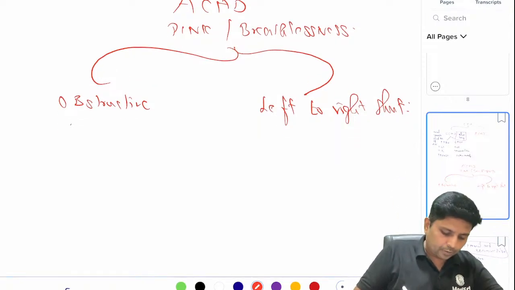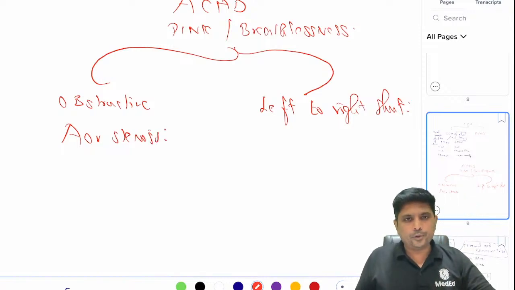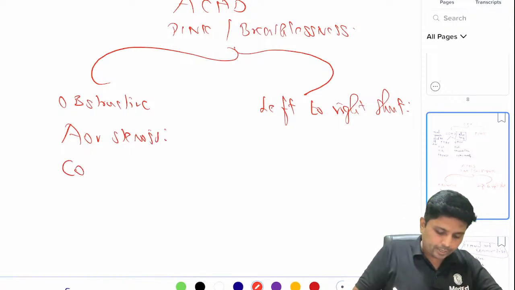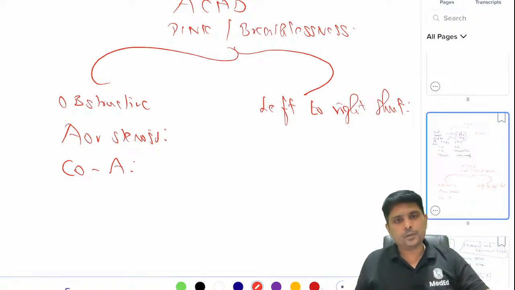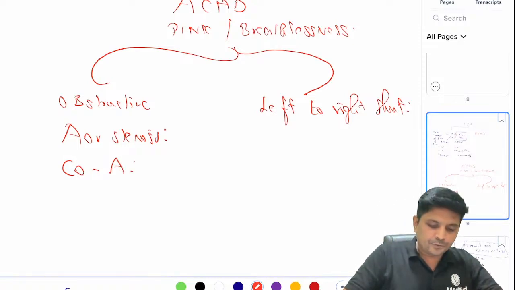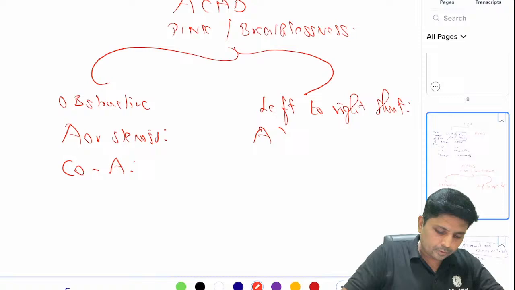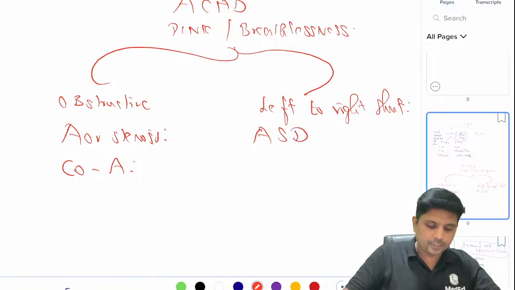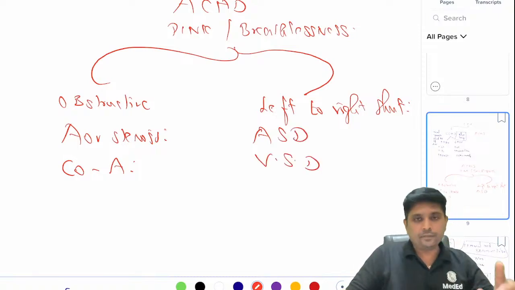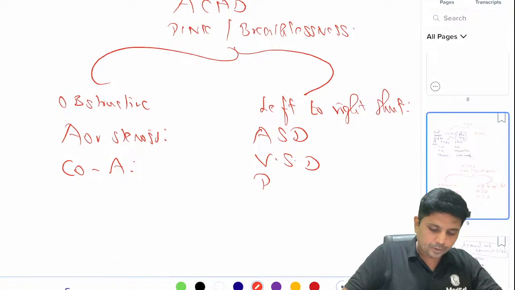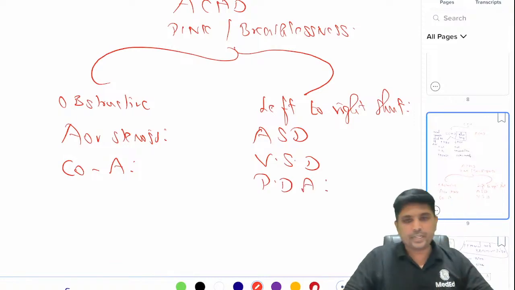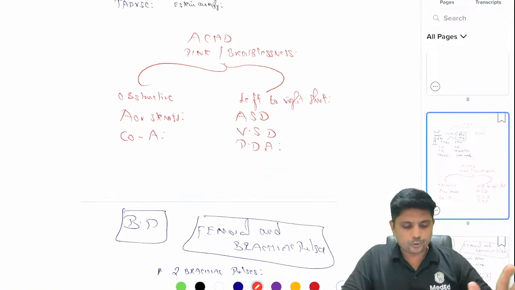Obstructive means you have aortic stenosis. Second one is coarctation of aorta. Left to right shunt means you have, at the level of atrium, ASD; at the level of ventricle, VSD; at the level of great vessels, PDA, patent ductus arteriosus.